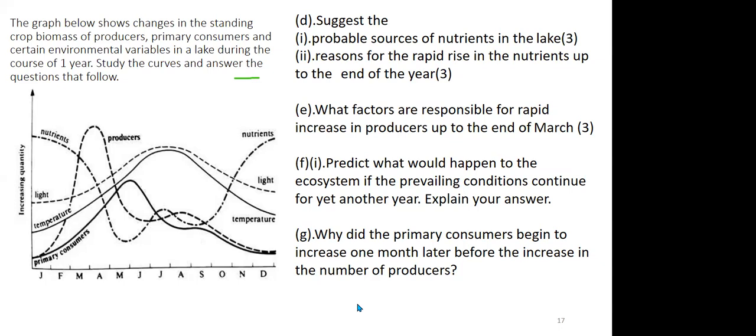Okay, let me repeat myself for the last time. If you look at this graph, it's something that happens for an entire year, just like we have a 24-hour cycle.